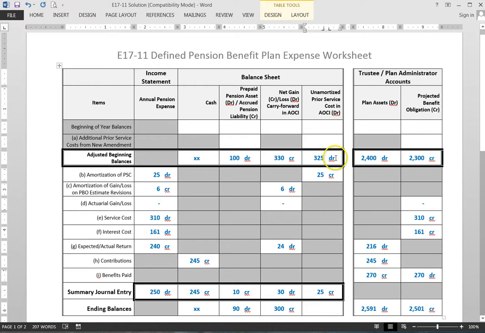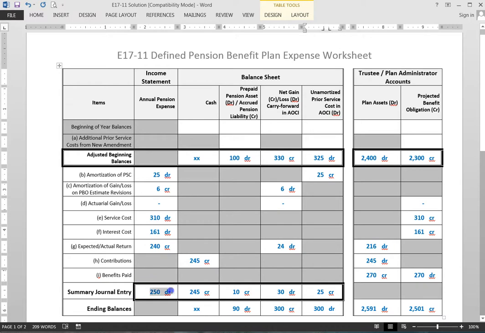Started out $325 debit, have a net $25 credit entry. That leaves a $300,000 debit balance in that account. And so now I've completed the worksheet, and I can then deal with the journal entry itself if the problem asks for it. And I can also deal with the financial statement disclosure and answer any questions regarding this plan.